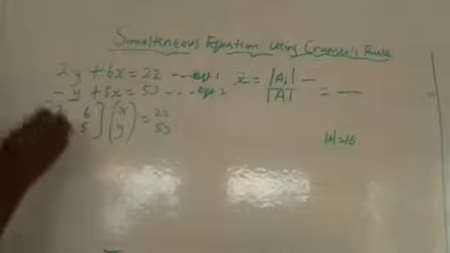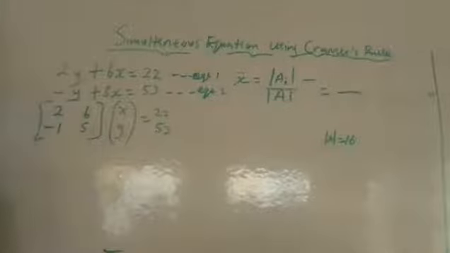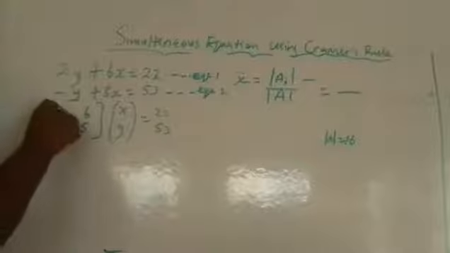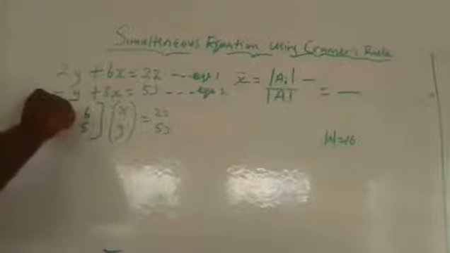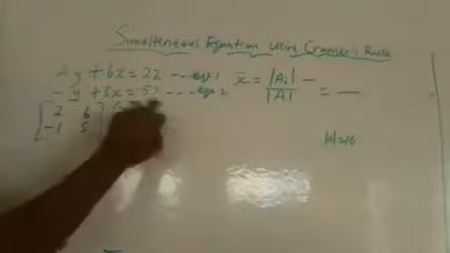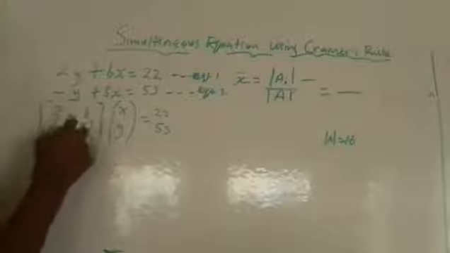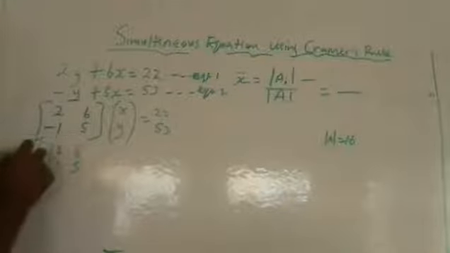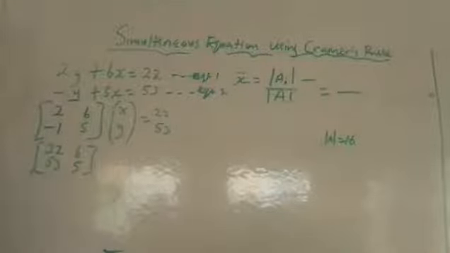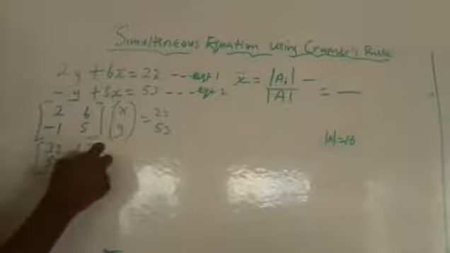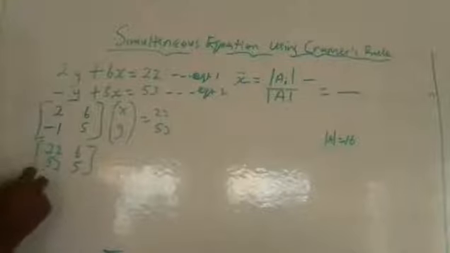Now, we want to find our y. Let's remove this coefficient of y and fix in the constant values instead: 22, 53, then 6, 5. When you have this, find the determinant.